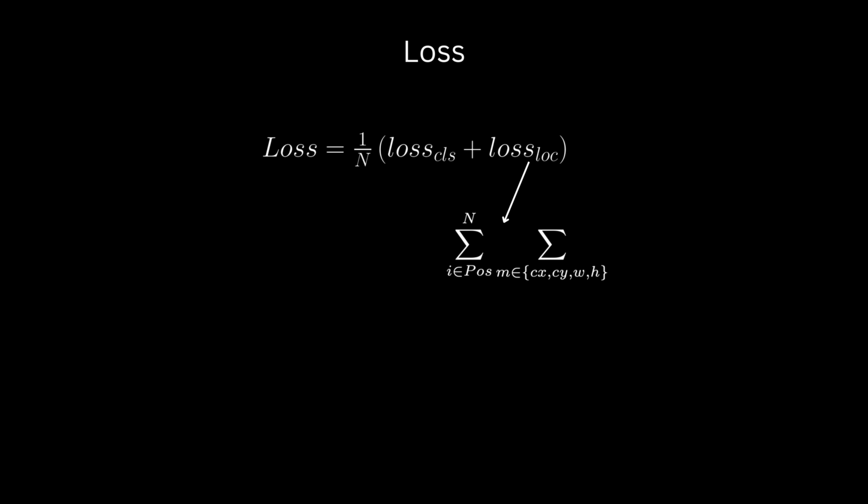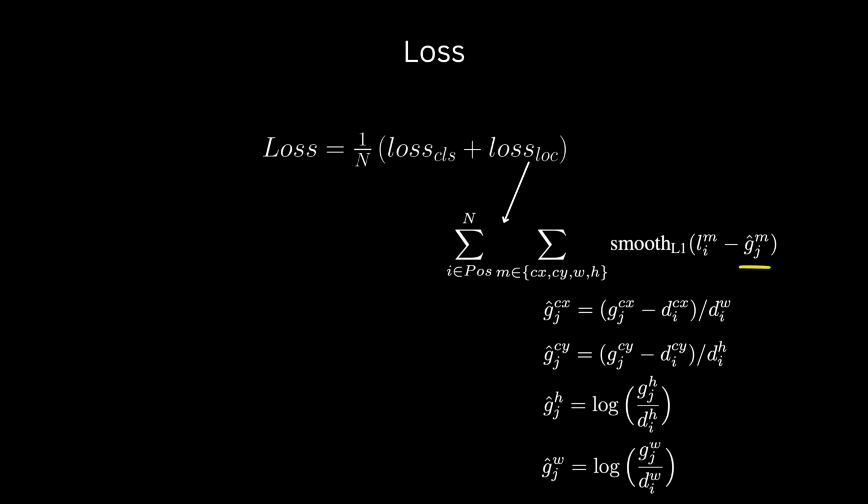Each individual loss term is smooth L1 loss between the predicted transformation parameter for transforming the ith default box and target transformation parameter for transforming the ith default box to the jth ground truth box, assuming the ith default box is matched to the jth ground truth box.